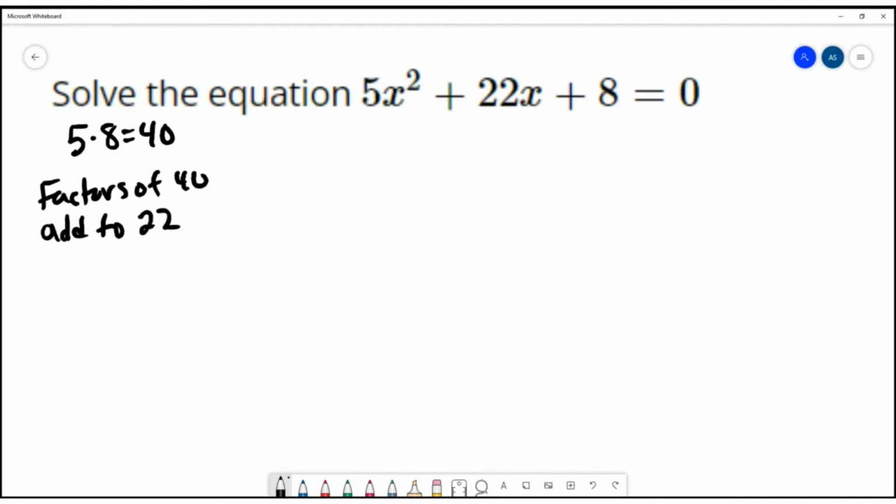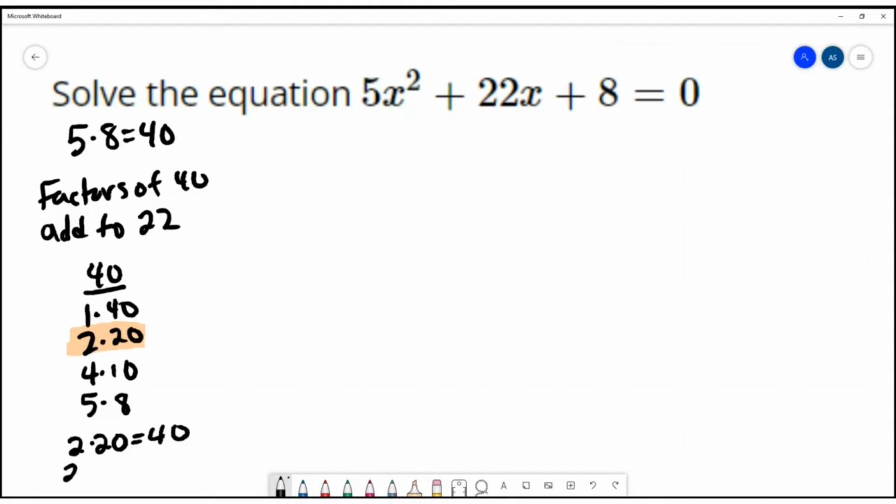So let's write down some factors of 40. That's 1 times 40, 2 times 20, 4 times 10, 5 times 8. I notice this pair of factors here that when I add them, I get 22. That's the pair that I'm looking for. 2 times 20 is 40, and 2 plus 20 is 22.